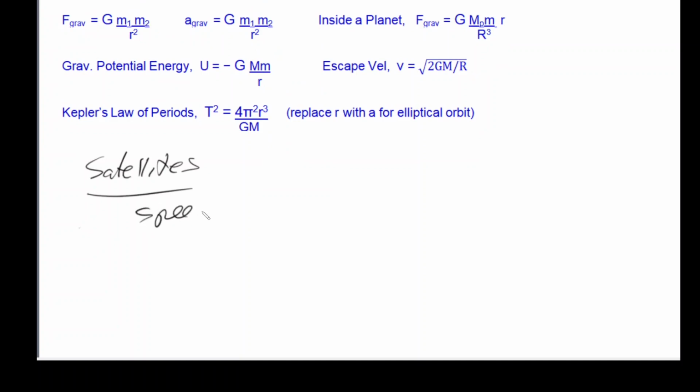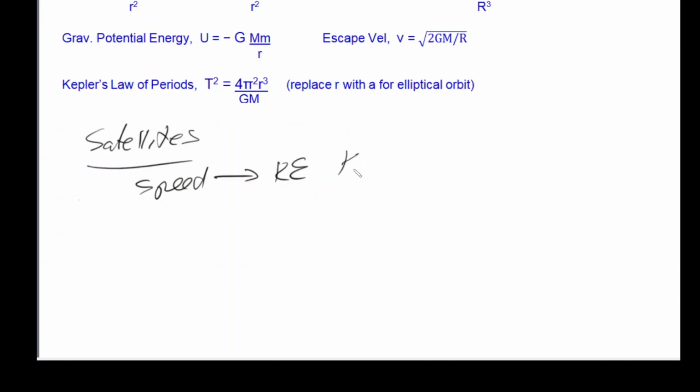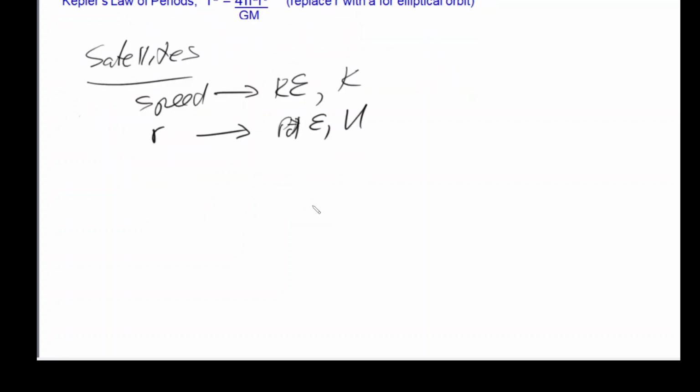So a satellite's speed will determine its kinetic energy, K, and its distance from the center of the Earth, or r, will determine or fix its potential energy, U. So you have a satellite with kinetic energy, potential energy, and those can vary, but its total energy, which is equal to K plus U, remains a constant.